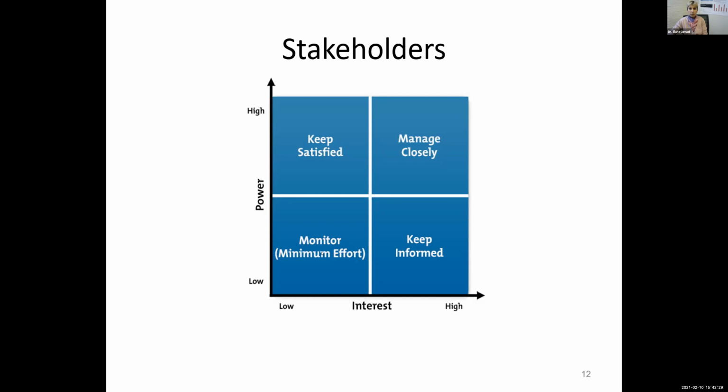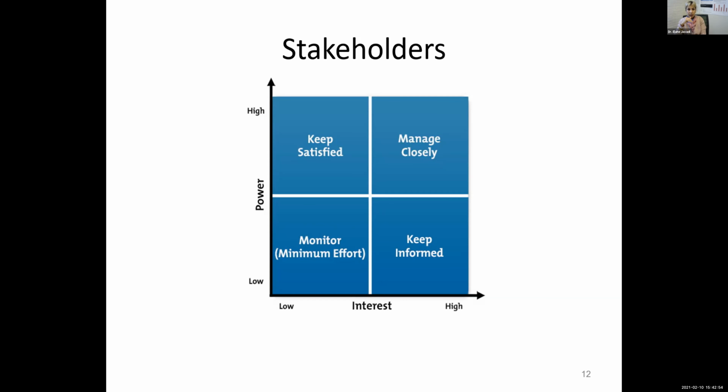Make sure, maybe if you're doing incremental deployments, that the work they're doing and the kind of reaction they have is observed. And if there are areas that need attention, you would pay attention to those areas. So when we say manage closely or monitor with minimal effort, it's from your perspective as a project manager.